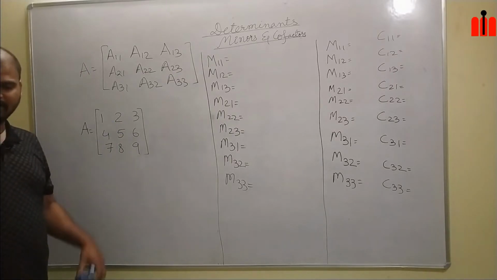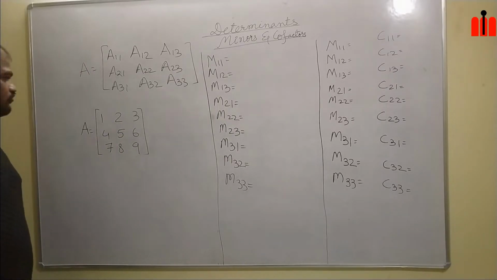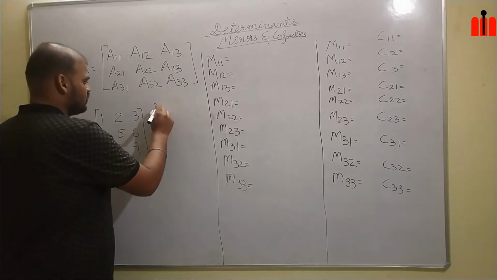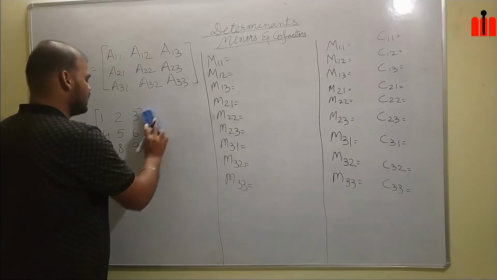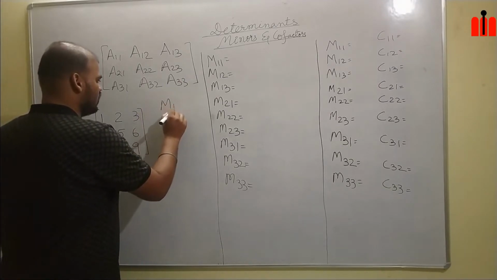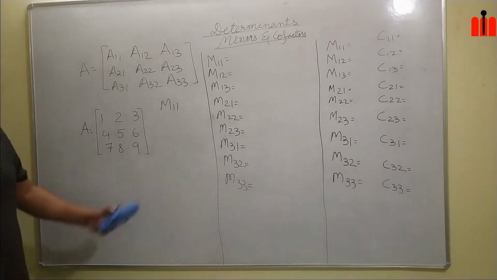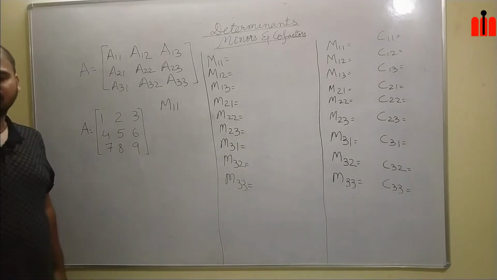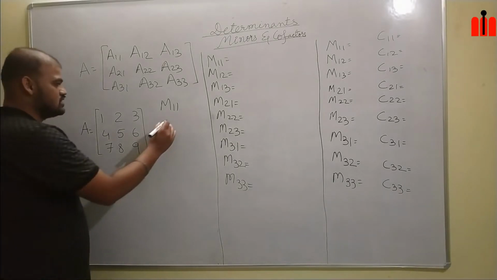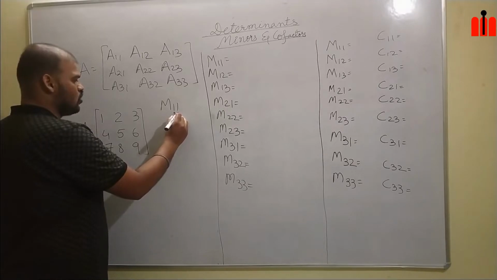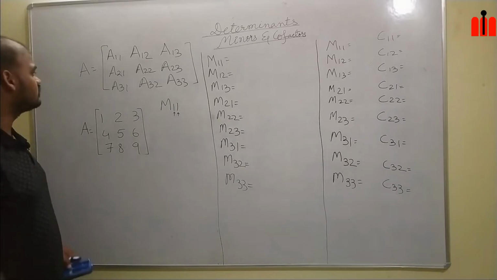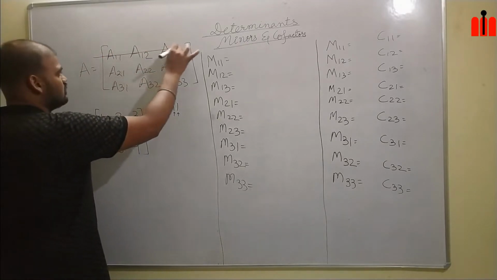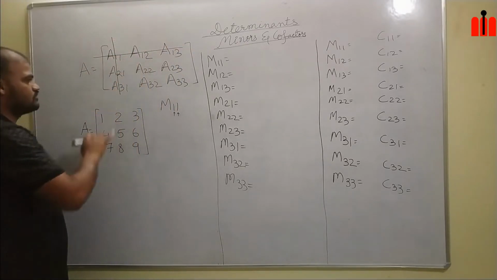For a 3 by 3 matrix, how to find now minor M11? My target is now to find minor M11. For minor M11, what is our first step? First step is our row number is 1, column number is 1, right? Strike out row number 1, column number 1.